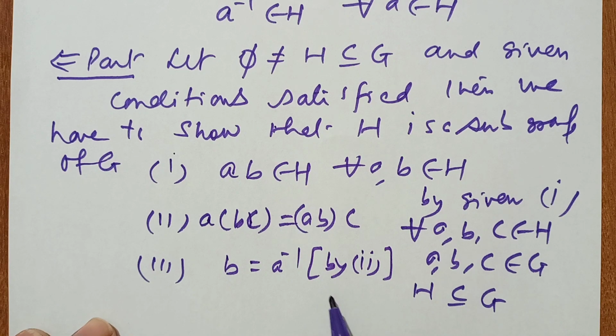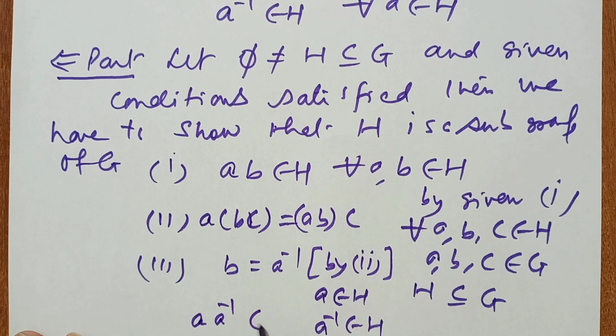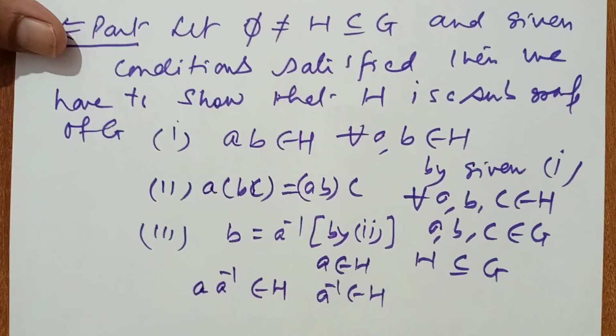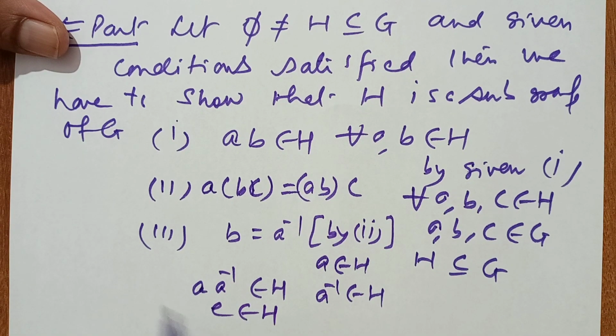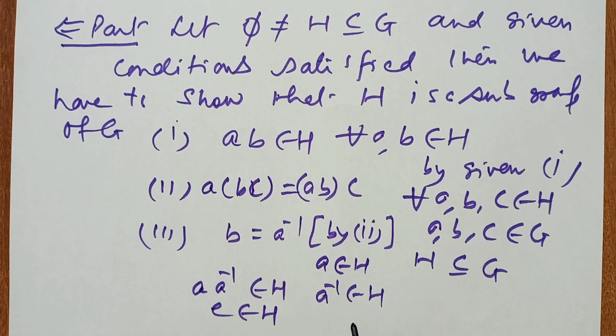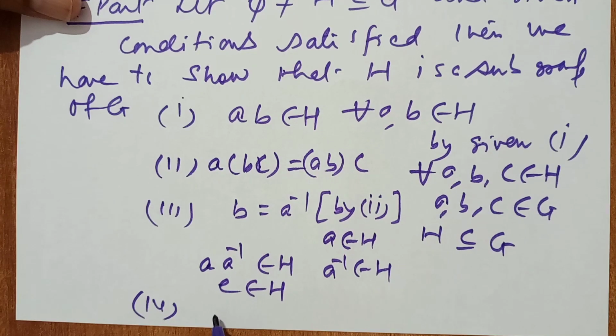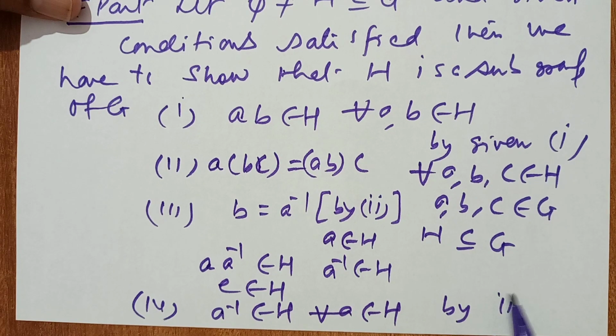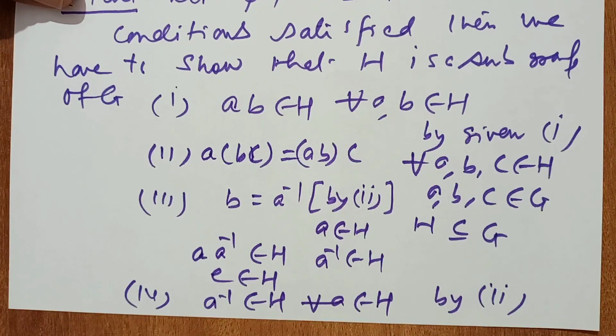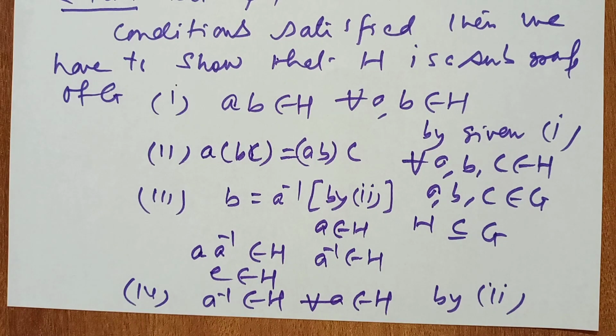For every A belonging to H, A inverse belongs to H. Now putting in condition first, A inverse belongs to H. So A A inverse, which is E, belongs to H. So the identity axiom is satisfied. Now fourth is the inverse axiom. The inverse axiom is given by condition second. Therefore, yes, it is satisfying four properties.